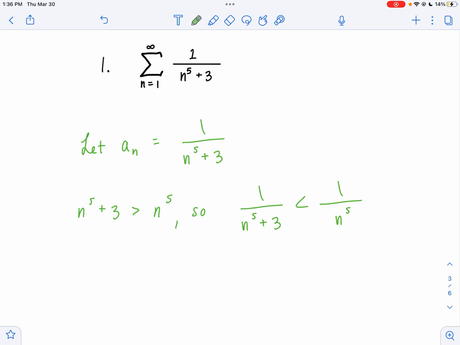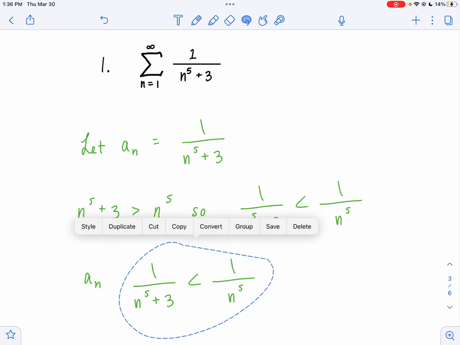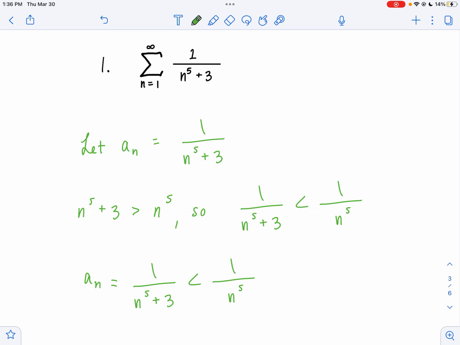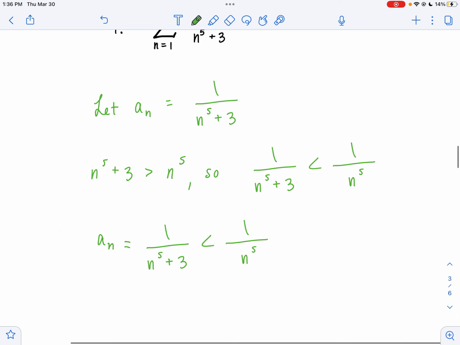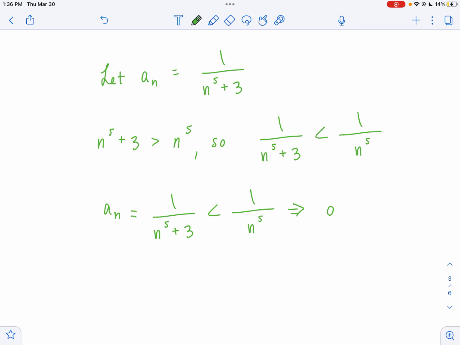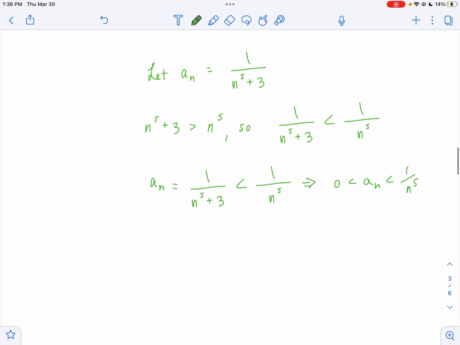So because a sub n, which is what we just came up with, is less than 1 over n to the fifth, that's going to imply for us that a sub n is between 0 and 1 over n to the fifth power. Now, we already know that this series we are comparing to, 1 over n to the fifth, converges.